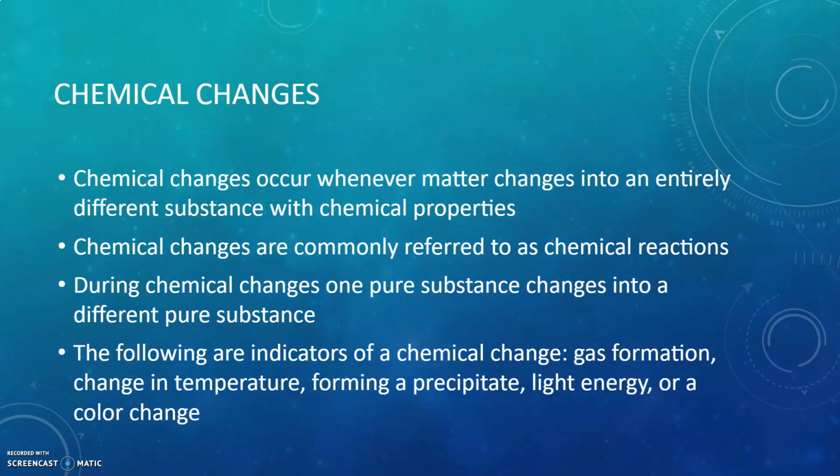Now, if you think back to what Miss Alexander went over with you guys, a substance or a pure substance is something that's either an element or a compound. Now, elements are made up of one type of atom. They're on the periodic table. And your compounds have more than one of those atoms within a particular structure. Okay, and so a chemical change occurs when those substances are changing into different substances.